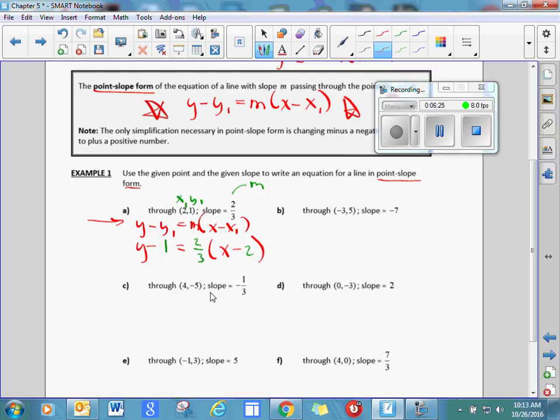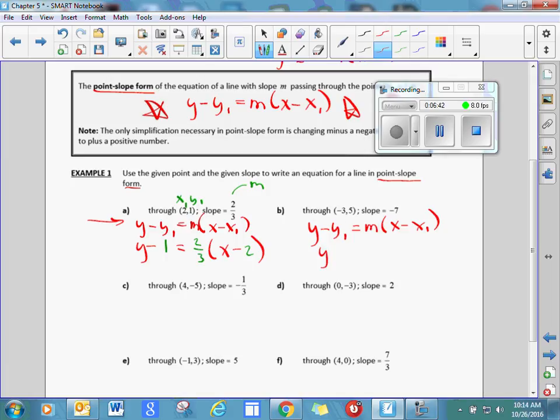Let's do another one. Here's the point, here's the slope. So I am at y minus y sub 1 equals m times x minus x sub 1. And I'm going to fill in my three values now.